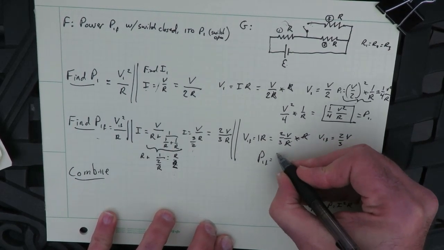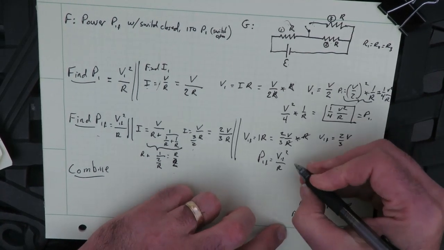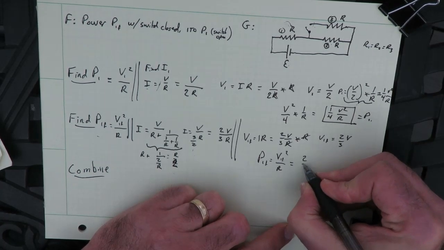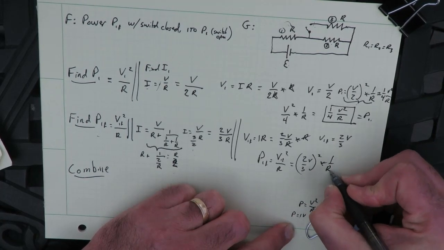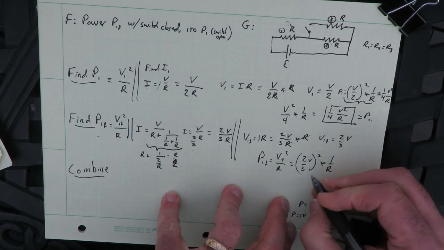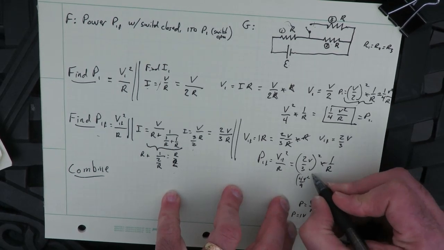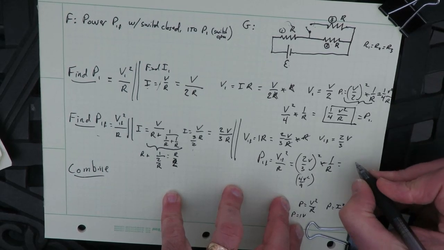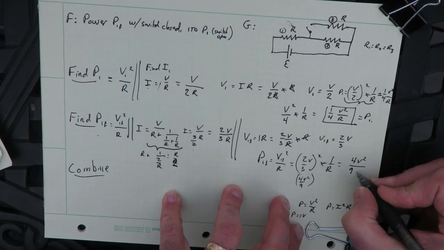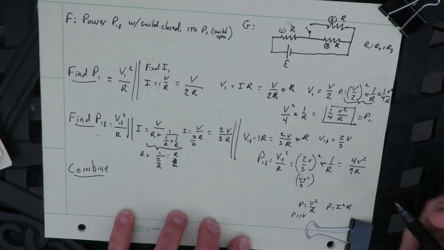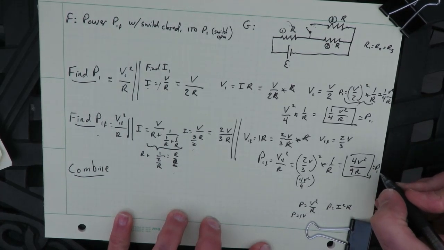P1 final is equal to V1 final squared over R, which equals 2/3 V quantity squared times 1 over R. That comes out to 4V squared over 9R, 4/9 V squared over R. That equals P1 final.